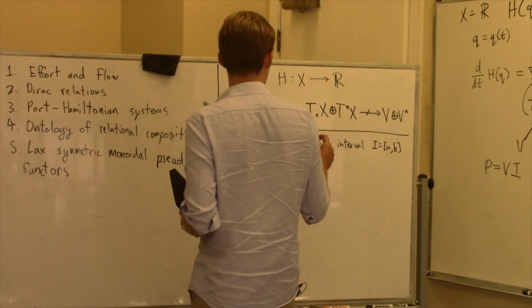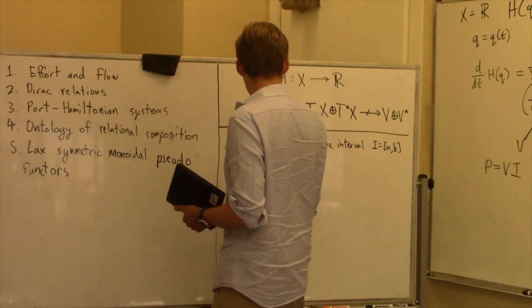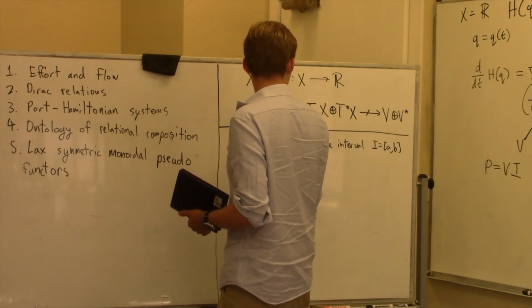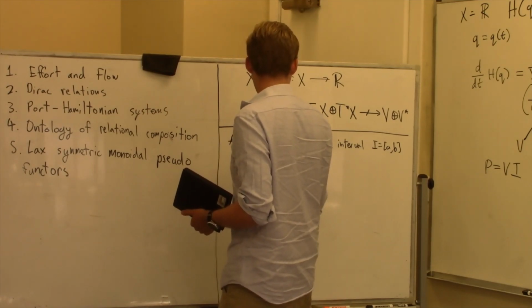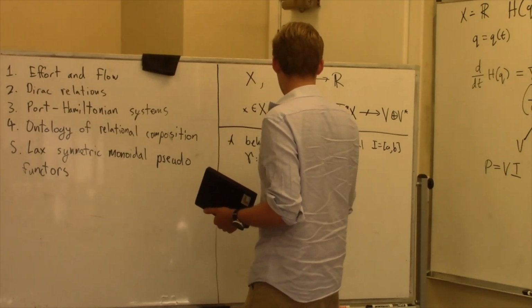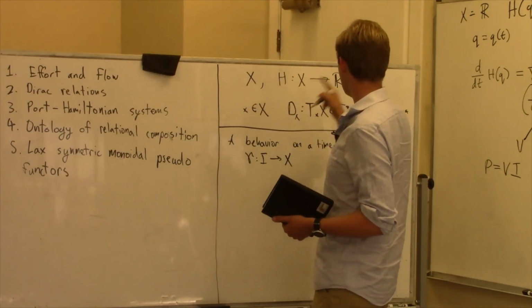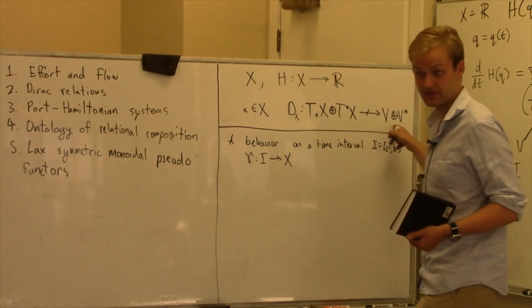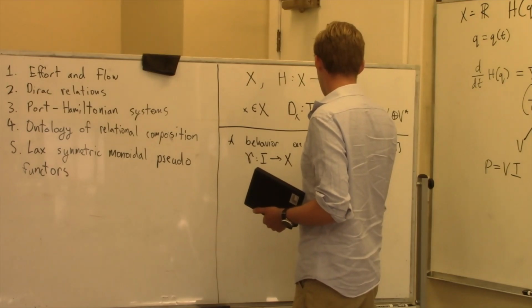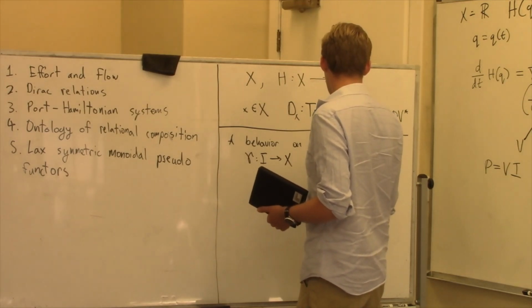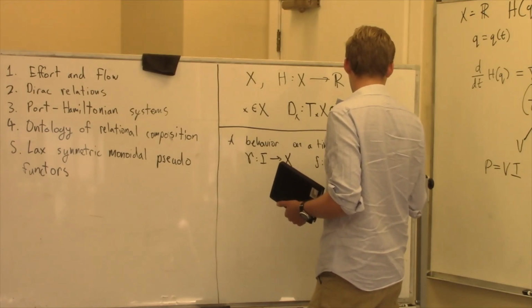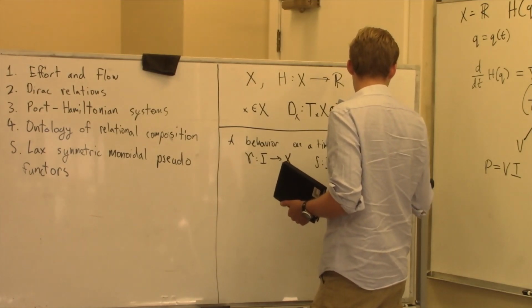is a path. So gamma goes from I to X. Also a path through the interface. So F goes from I to V. E goes from I to V star.